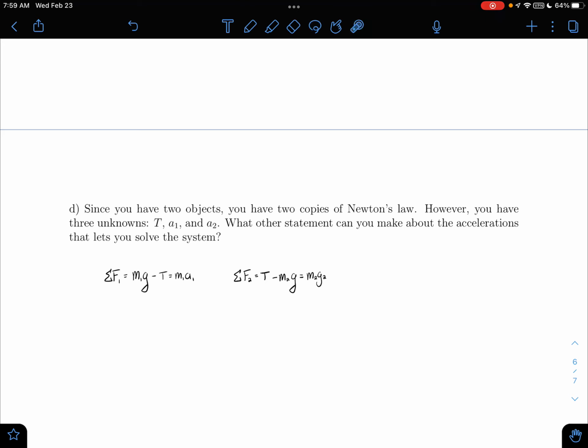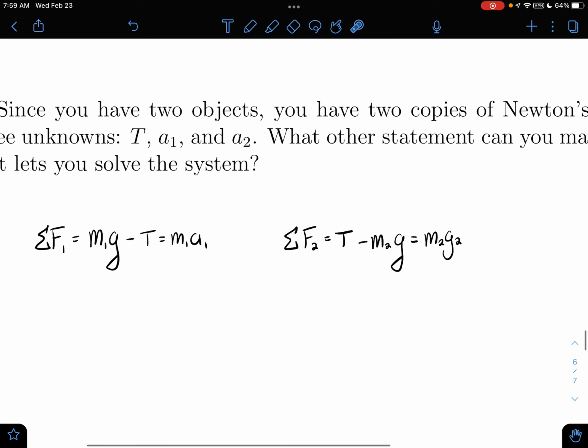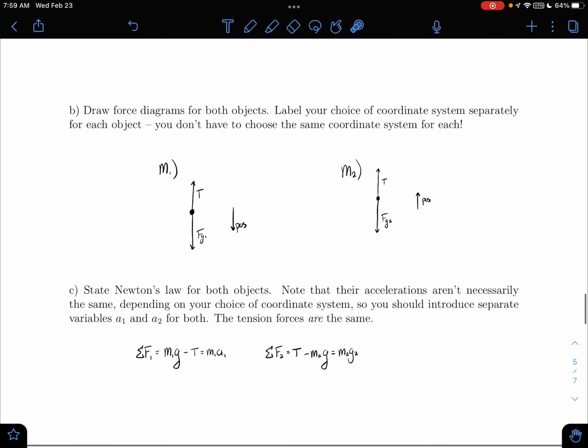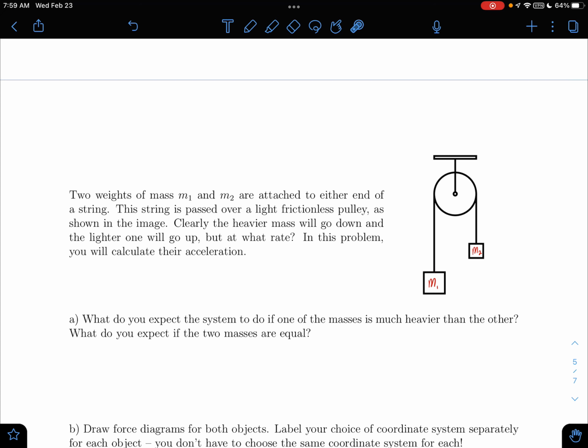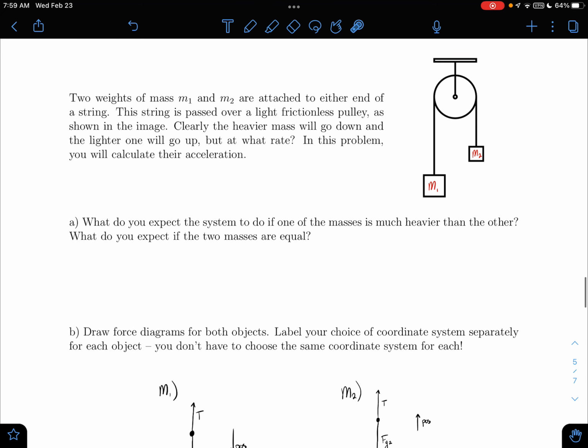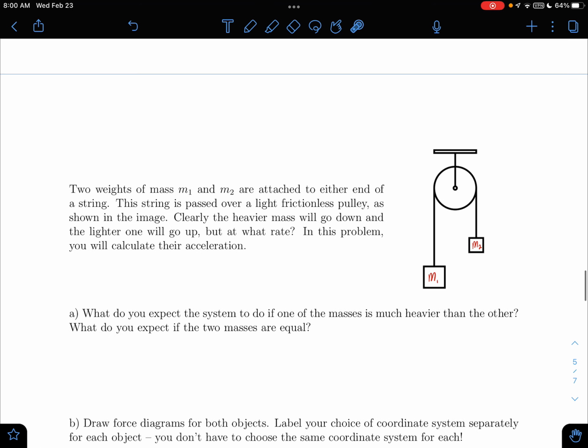So what we do now is think about how our accelerations are in relation to each other. However fast this one's accelerating down, because I'm saying this one's the heavier one for right now, that's going to be the same magnitude as how fast this one's accelerating up.